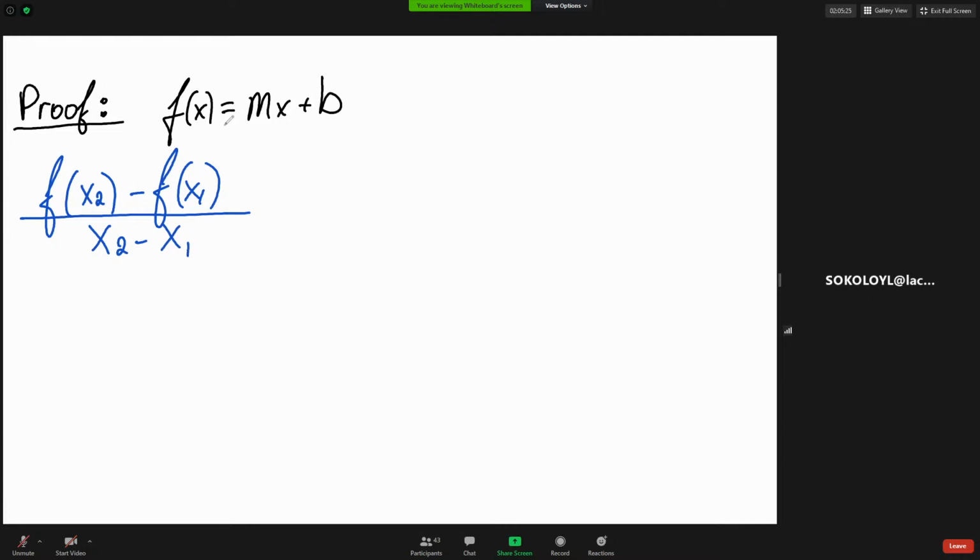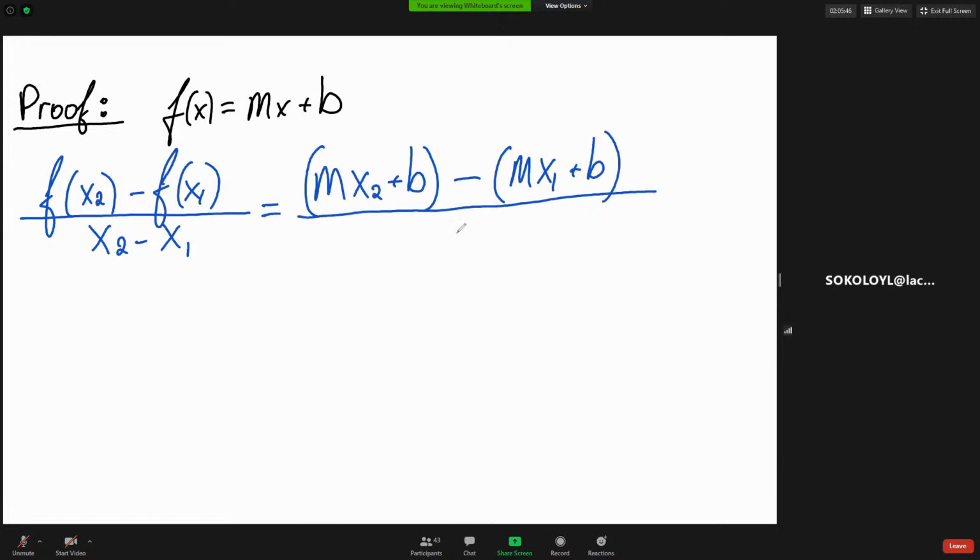But because we have a specific function here, linear, we can plug in x sub 2 to get the following. So f of x sub 2 is equal to m x sub 2 plus b, minus f of x sub 1, which is m x sub 1 plus b, over x sub 2 minus x sub 1.